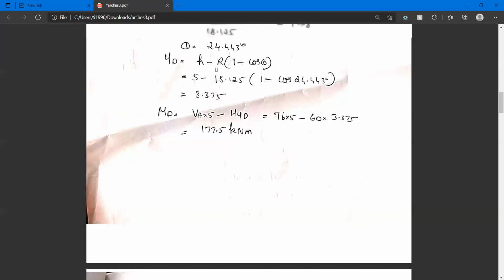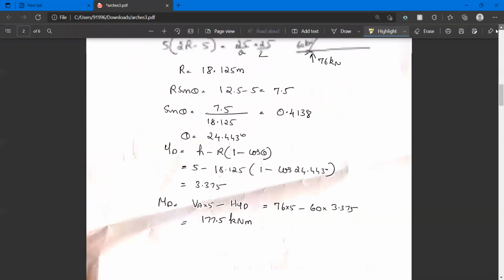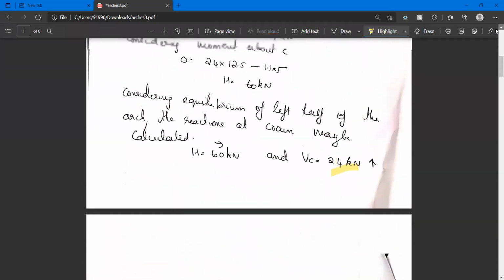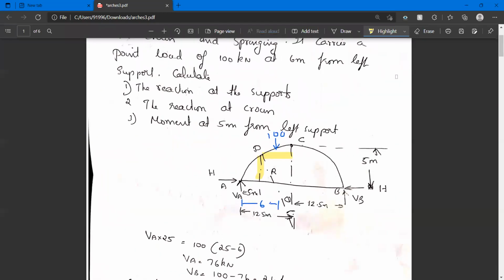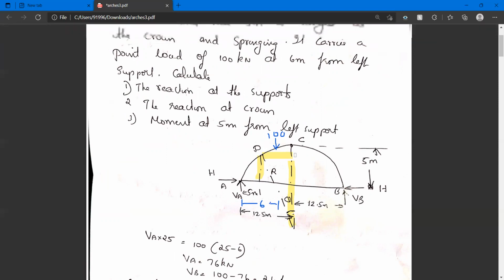H minus r cos theta. r cos theta is the vertical distance. What is r cos theta? R cos theta is from here to here. So r minus r cos theta gives you some small distance on the top portion.